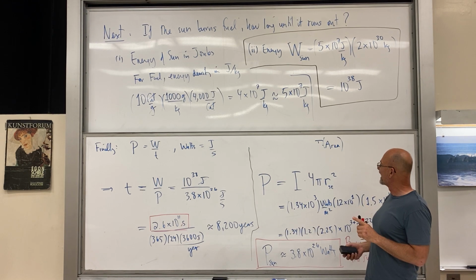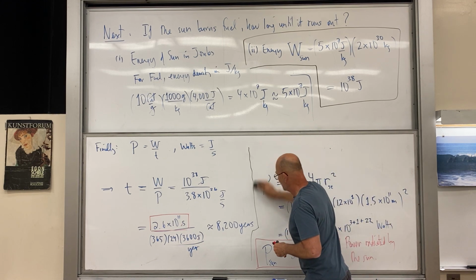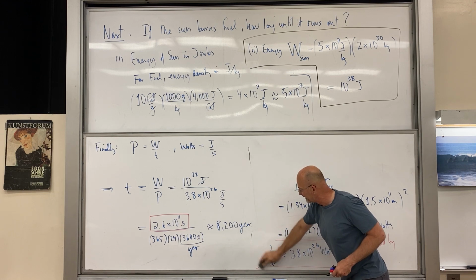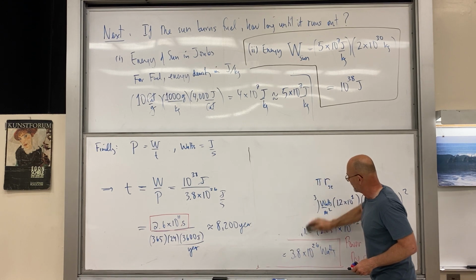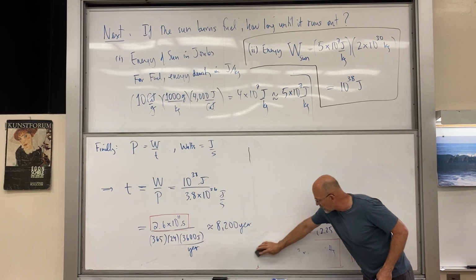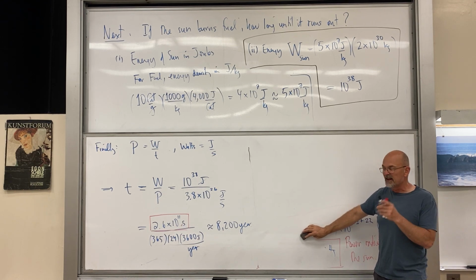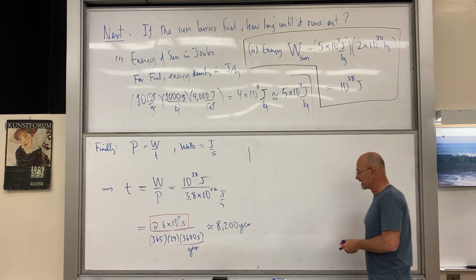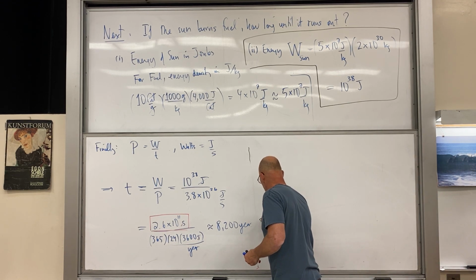So I'm going to leave it at that. I'll put a couple words here commenting on this 8,200. And you guys just go ahead and check these calculations with the calculator, make sure we didn't have any mistakes slip in here. So there's a star.